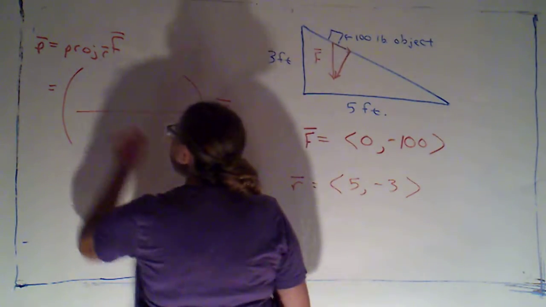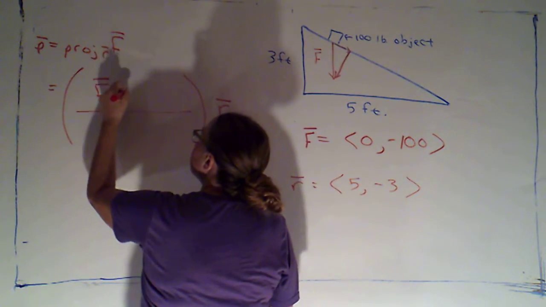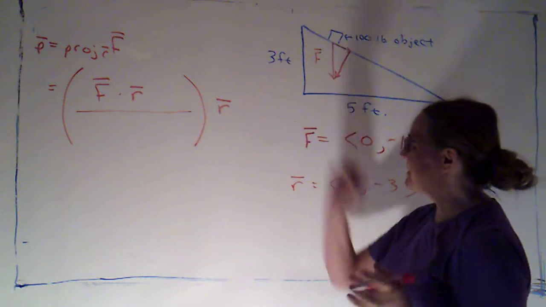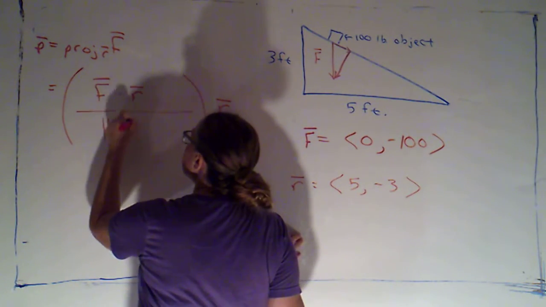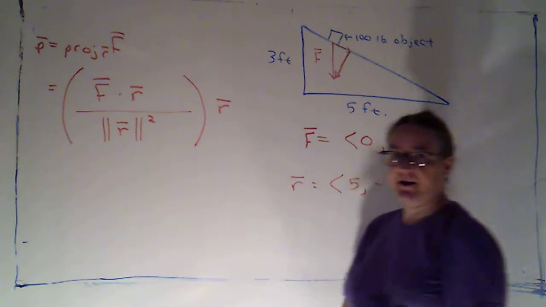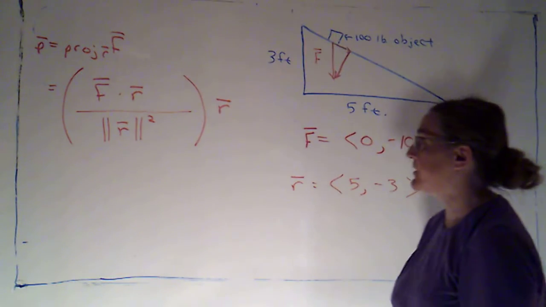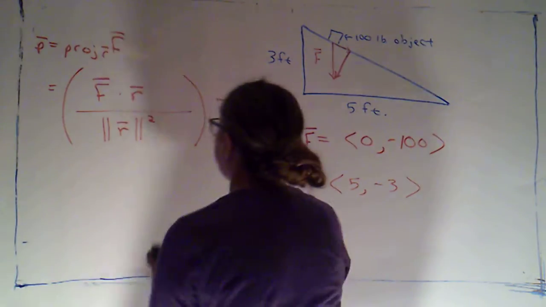The scalar that I'm going to multiply that by will be F dotted with r, the two vectors, the one that I'm projecting and the one I'm projecting it onto, divided by the magnitude of r squared. Or if I prefer, I could write this as r dotted with r. In fact, I think I'm going to write it that way because that's how I'm going to work it out.